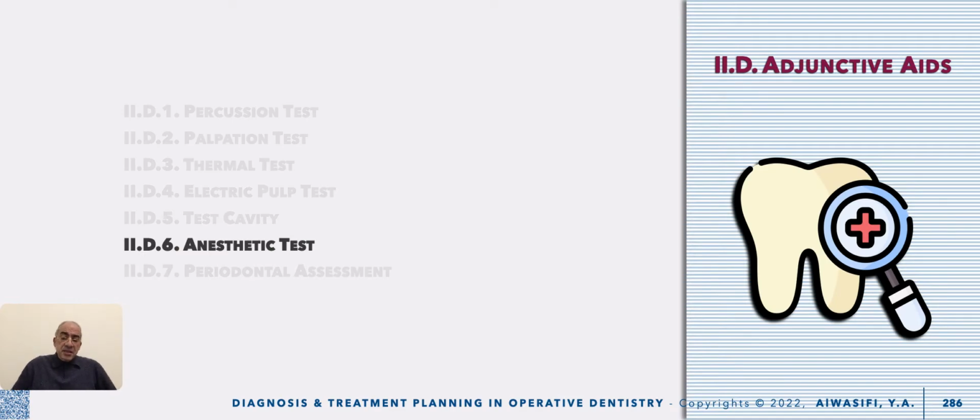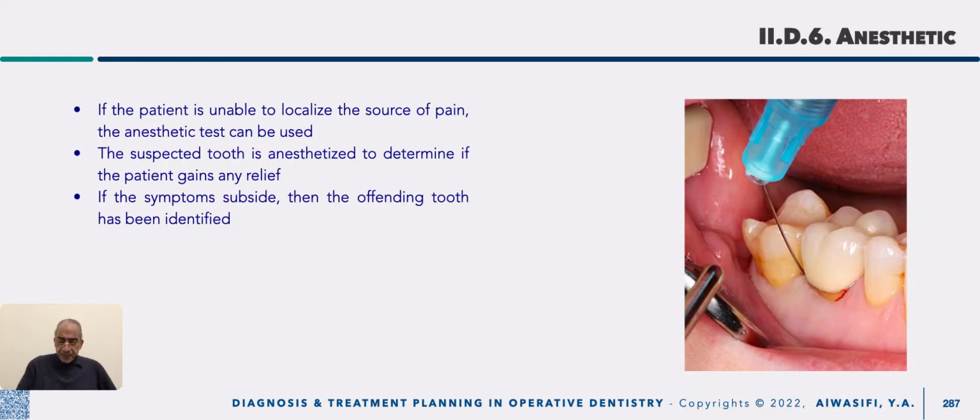Followed by the anesthetic test, which is a useful one when you have a referred pain, especially if you clinically examine a patient and note more than one offending tooth in this quadrant. Let us say we have a patient suffering from severe acute pain in the lower right side, and when you are recording the history, you definitely expect to find a deep caries or a state of pulp exposure one way or another.